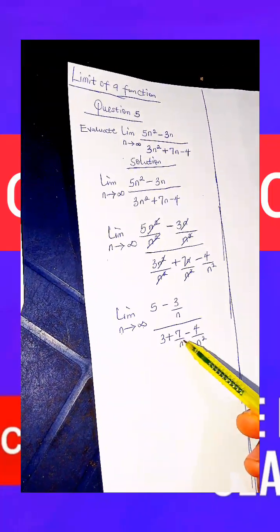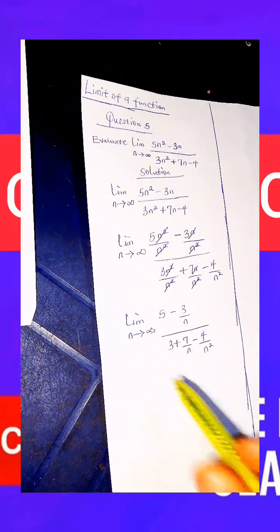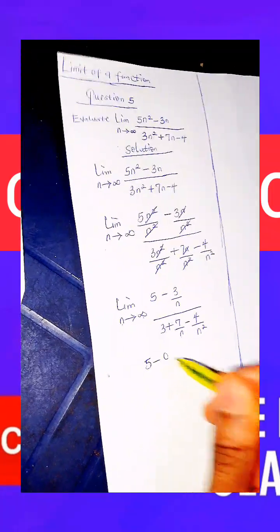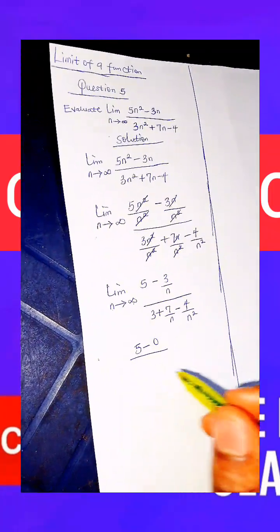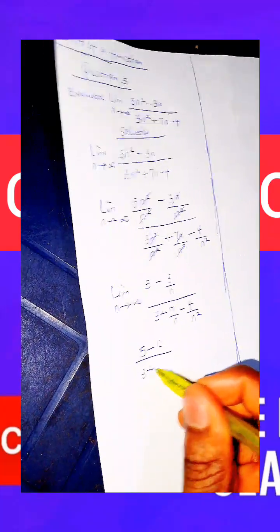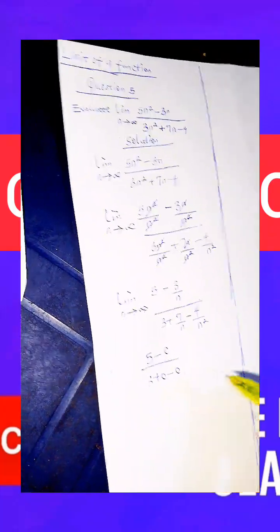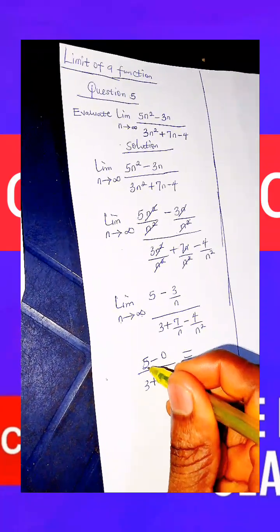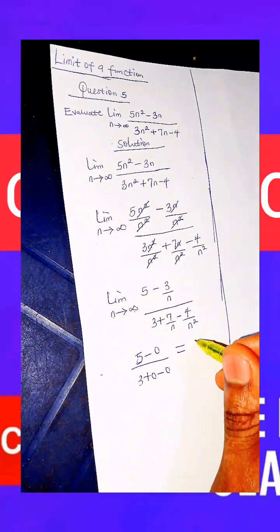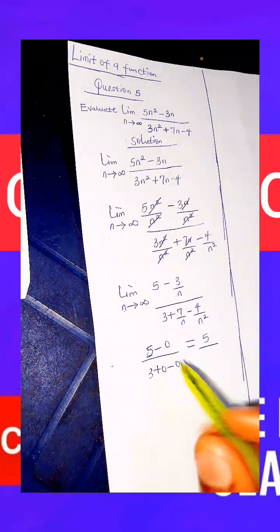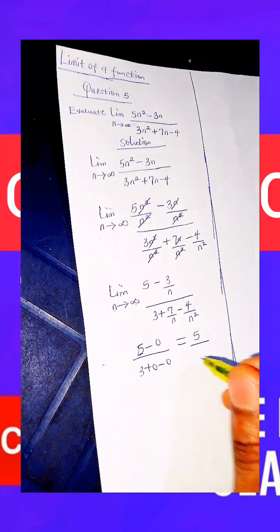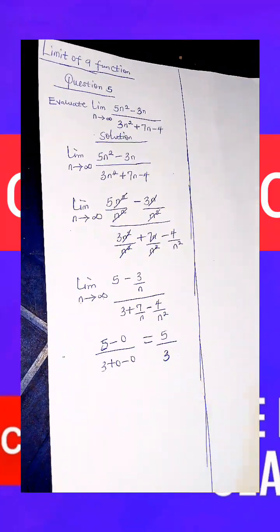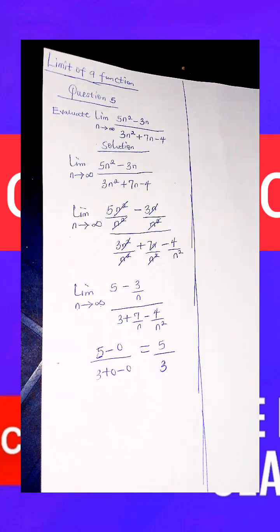Everything that is divided by n will turn to 0, such that we have 5 minus 0 over 3 plus 0 minus 0. 5 minus 0 is 5. 5 over 3 plus 0 minus 0 is 3. At the end of the day, this is the answer to this kind of question.